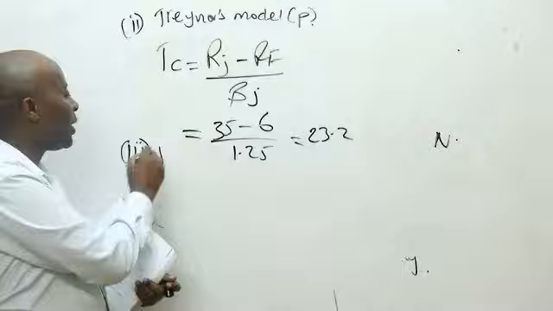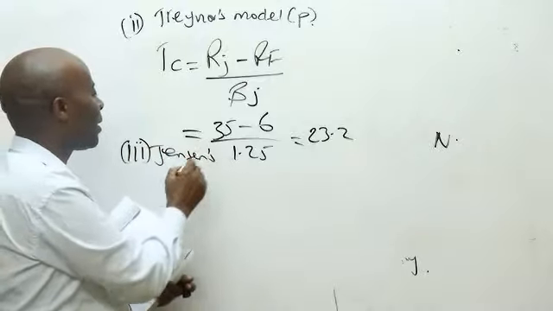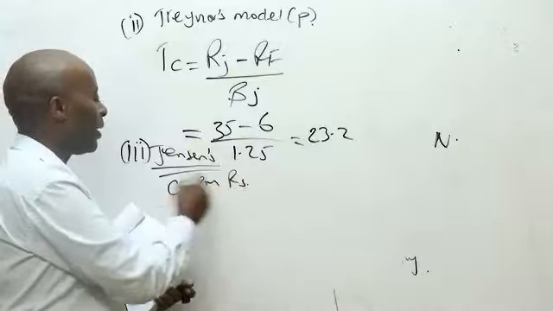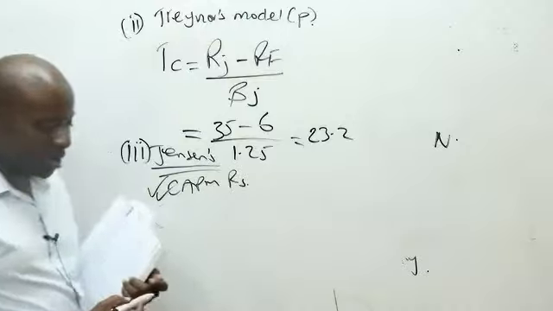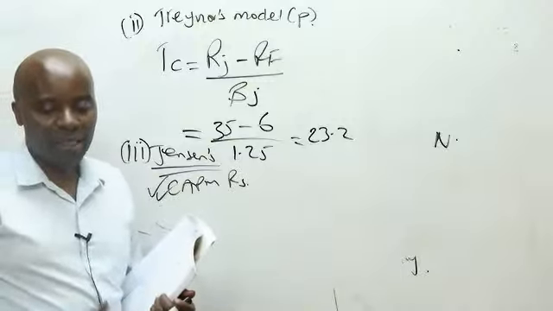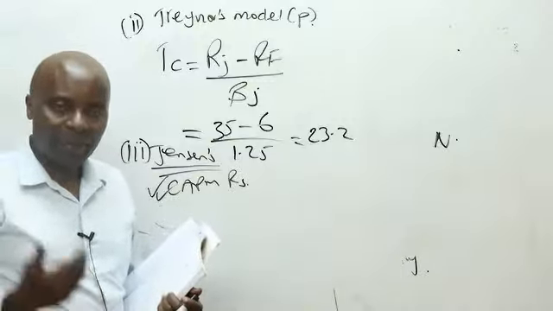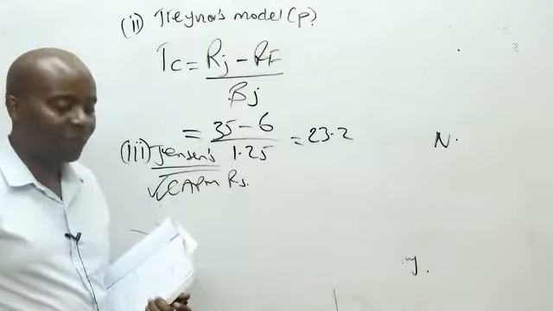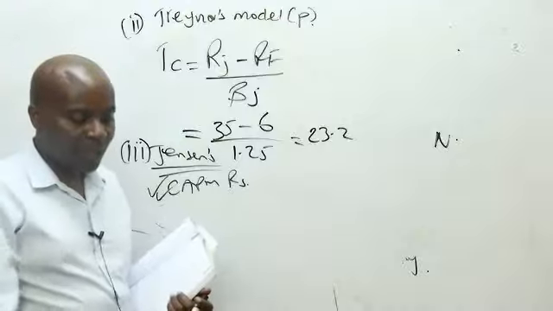From there we go to number 3, Jensen's, ladies and gentlemen. First of all, you have to give us the CAPM returns. That is step number 1. There's no way you can get Jensen's without the CAPM returns. So CAPM returns, what do we have there?